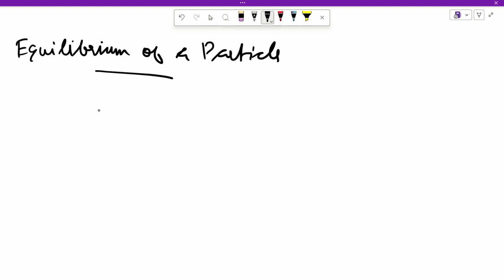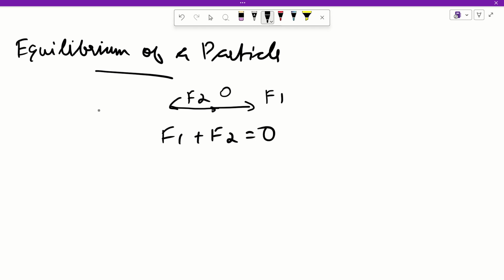Let's say it's a body, and two forces are acting on it, F1 and F2. If the body is in equilibrium, the sum of the forces F1 and F2 must be zero. That is, F1 plus F2 is equal to 0 implies they are in equilibrium.